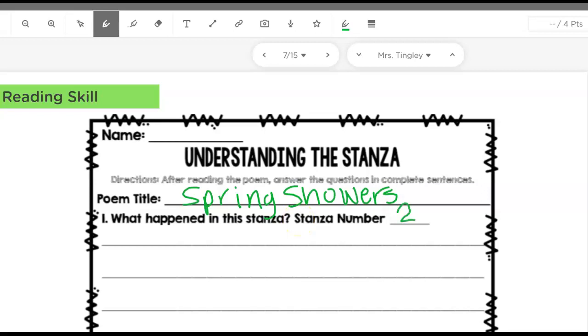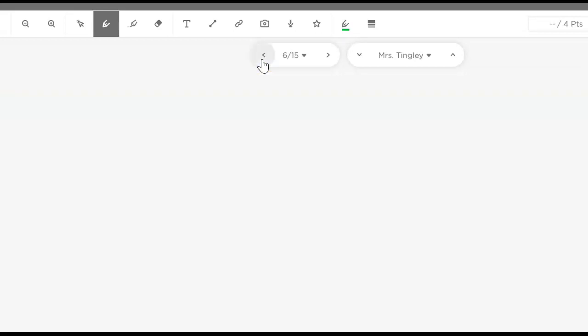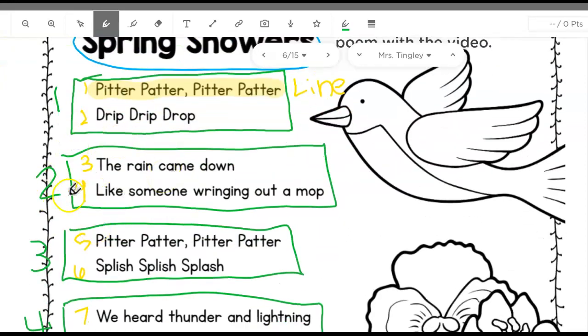We're looking at stanza number 2. We'll go back, find stanza number 2. The rain came down like someone wringing out a mop. So that's using figurative language. It uses like, so that is a simile.